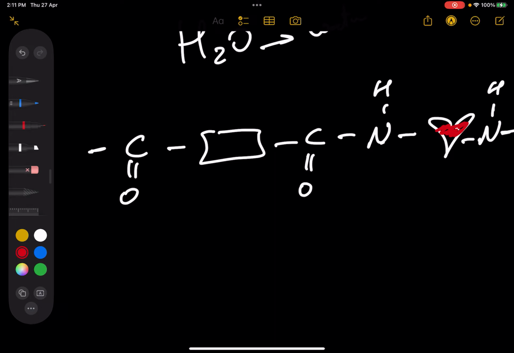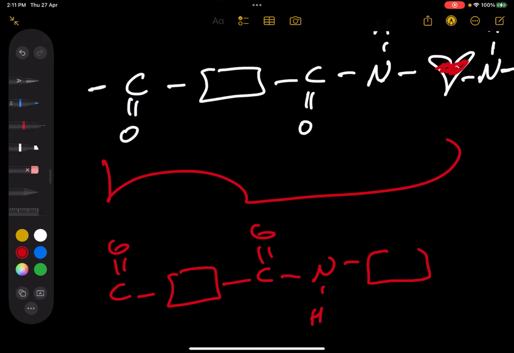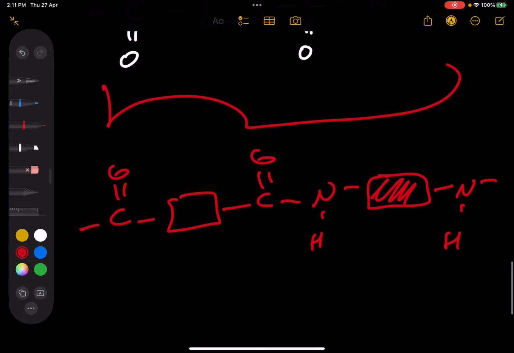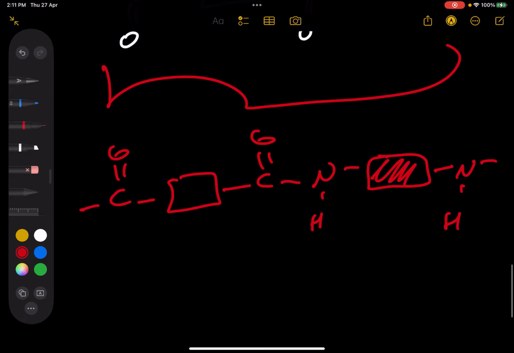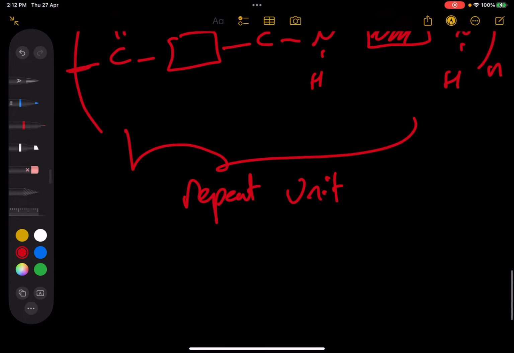This is the rest of the carbon chain of the compound that we don't care about. We just care about this shape. This is repeated. This is the repeat unit of nylon.